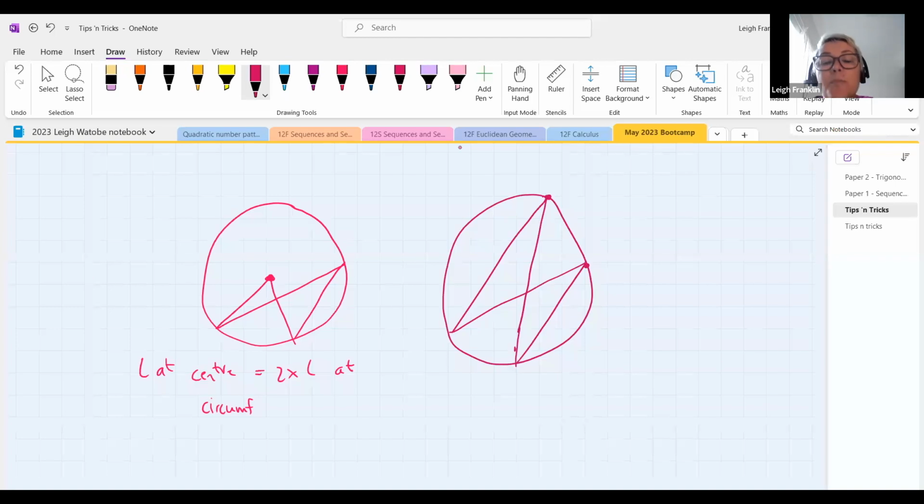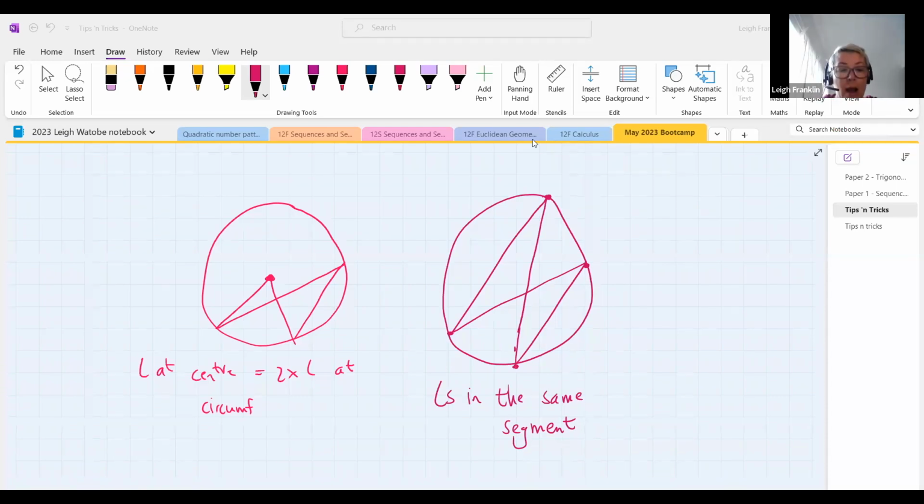This point, this point, this point, this point. All 4 points are on the circumference. This is angles in the same segment. Okay, so don't get confused between those two. We need to make sure that we know the difference between them.